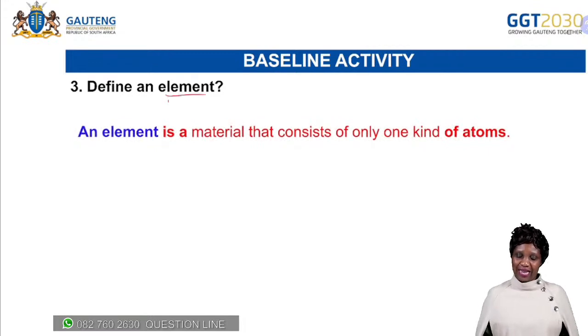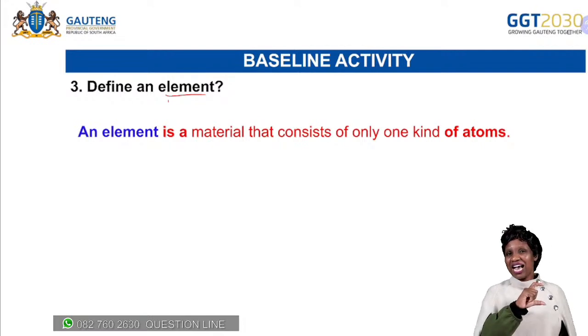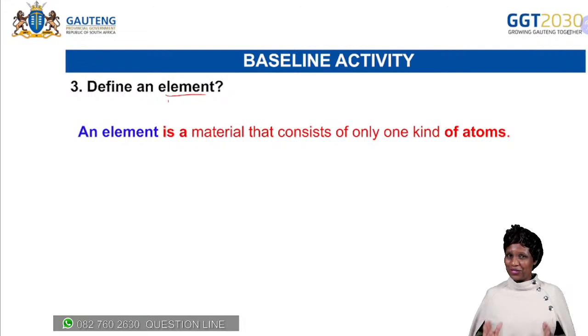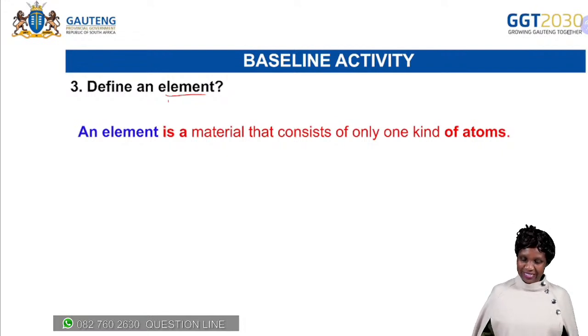We are looking at the element. Okay. Remember, where do we find elements? We've got a periodic table of elements. That's where all the known elements are. All right. They've been arranged in a scientific sequence. Do you get that? All the known elements are in the periodic table of elements. All right.